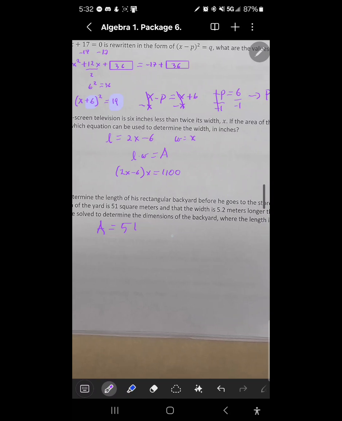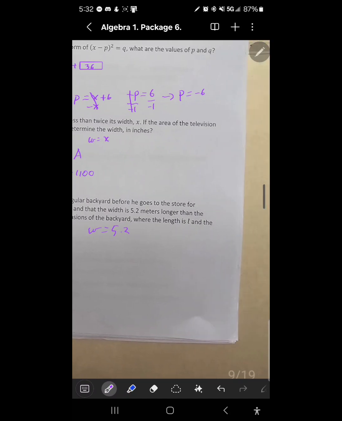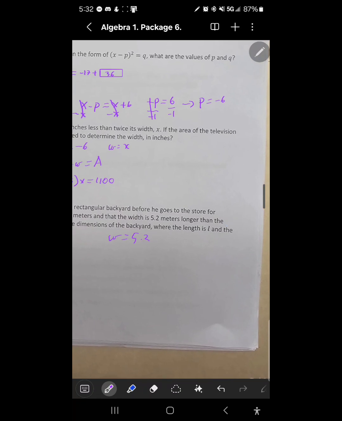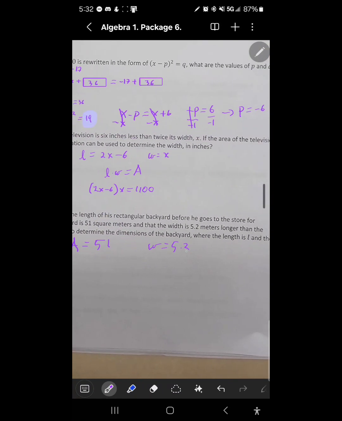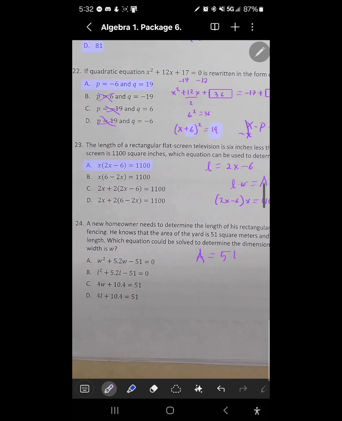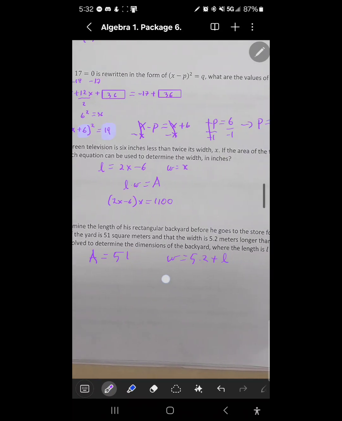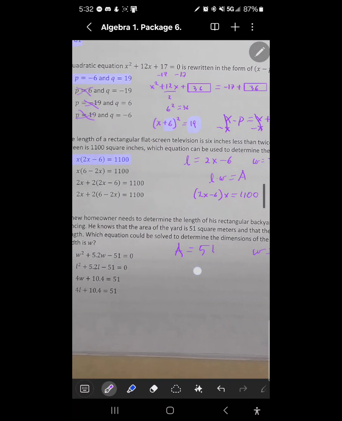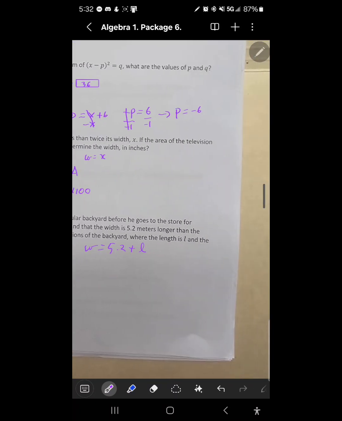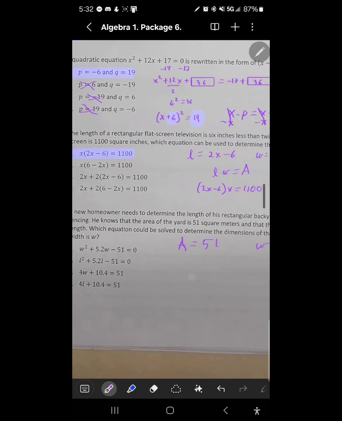And that the width, W, is 5.2 meters longer than the length. So it will be 5.2 plus the length. Which equation could be used to determine the dimensions of the backyard, where the length is L and the width is W?